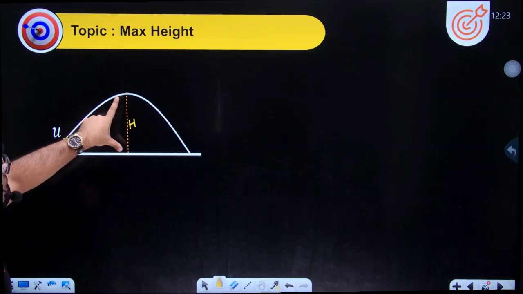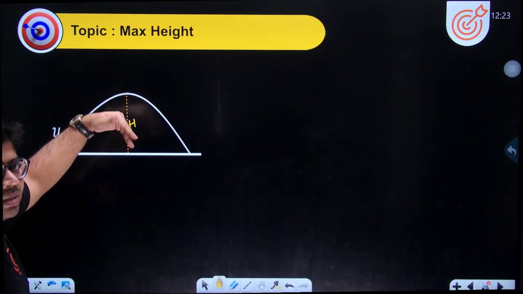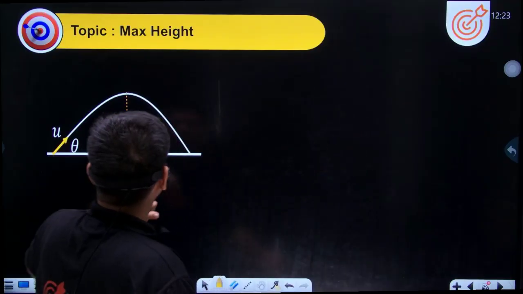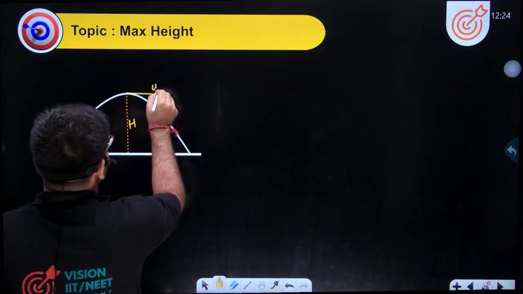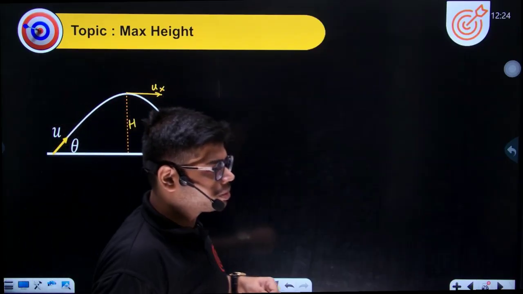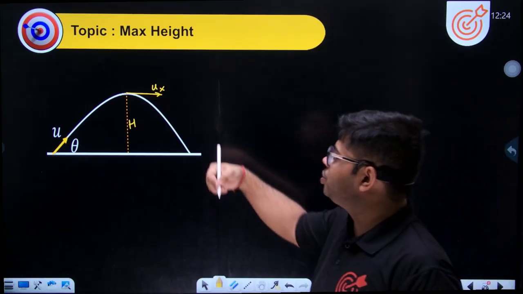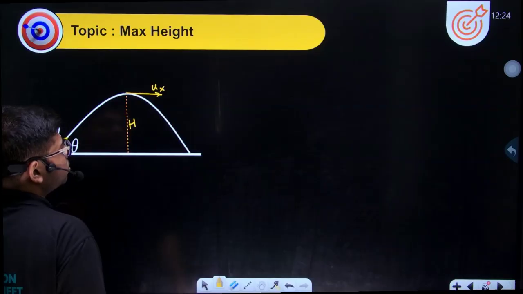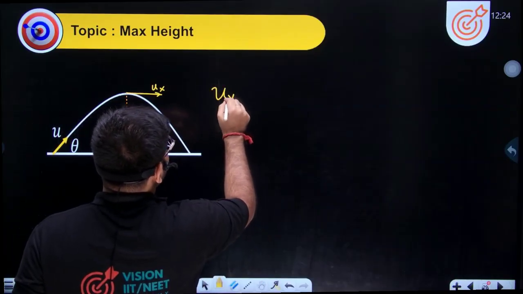At that point my y component of the velocity is becoming 0, because here I just have one component which is ux. As I discussed, we saw just now, there is only ux, and uy is 0 here, so we will put that.